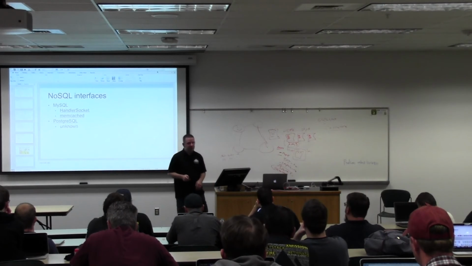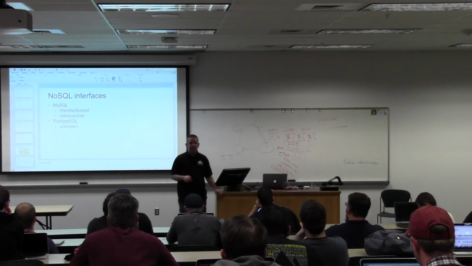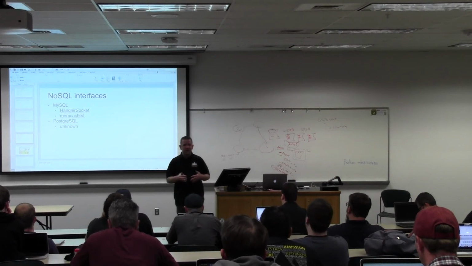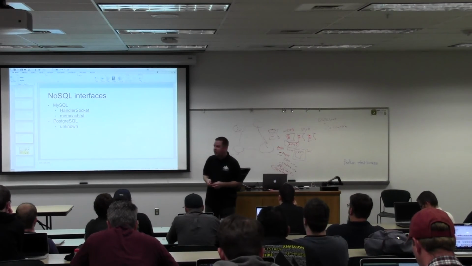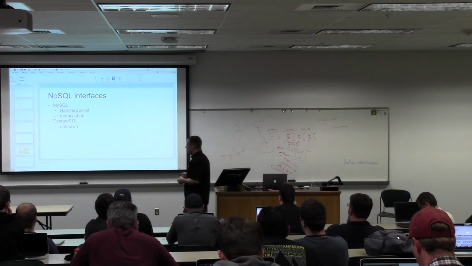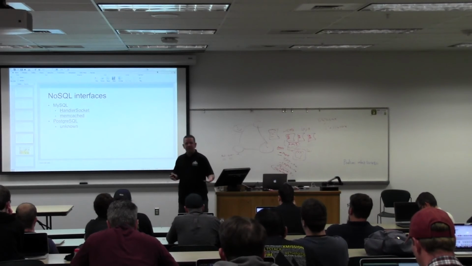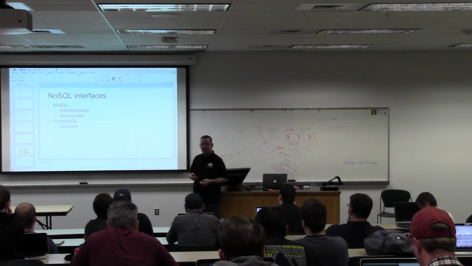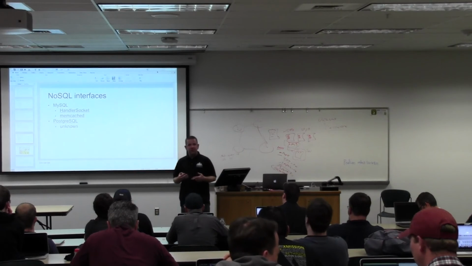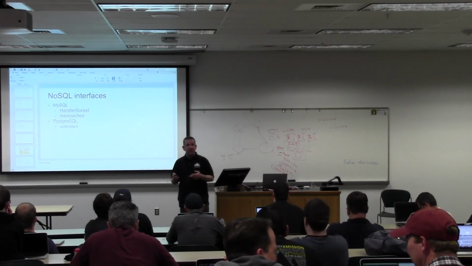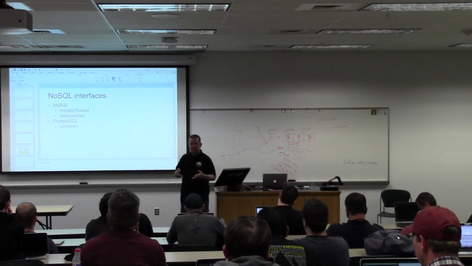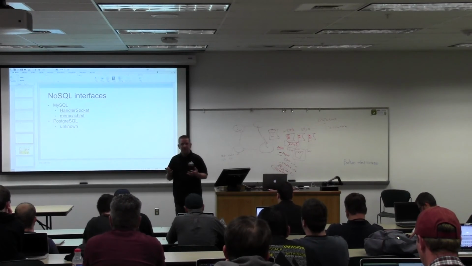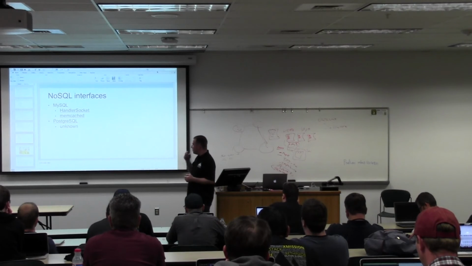NoSQL. This is kind of big, with different databases trying to offer NoSQL interfaces. Postgres, I can't find any information on Postgres having a NoSQL protocol. They do have NoSQL-type data types where you can put in JSON and deal with basically virtual columns that way. MySQL can do that as well.